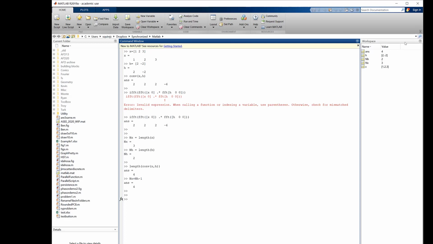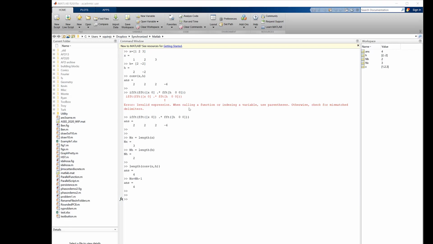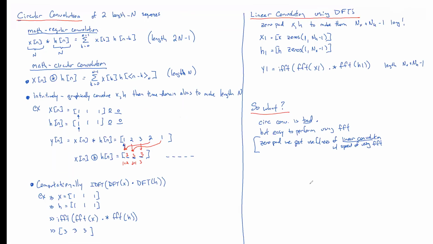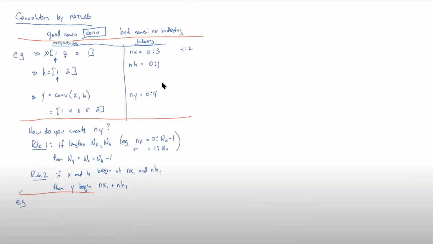To go back to our earlier lesson when we talked about how to deal with things when they don't start at 0, you can do that to create the indexing. If x and h begin at n sub x1 and n sub h2, then y will begin at their sum. And I've got some examples about how to do this back in our lesson 6. Does that answer your question? Yes, sir. Thank you. Yeah, you bet.